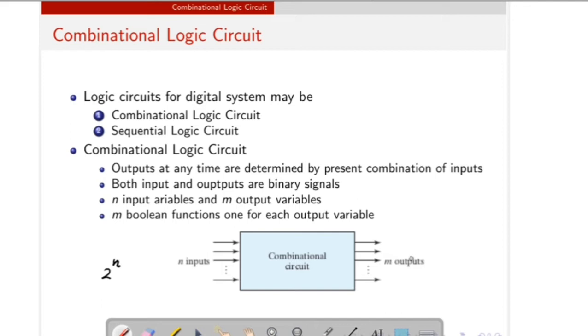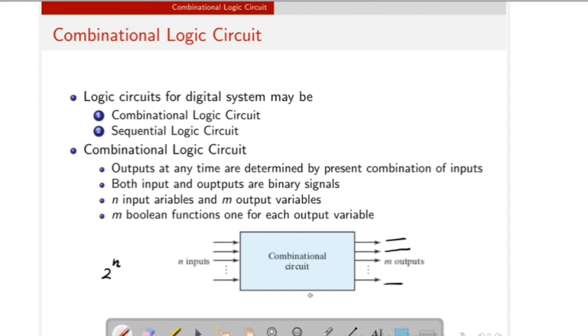Okay, so as the name implies, the combinational logic circuit produces outputs for different combinations of the input. So for each input combination, these m outputs may be either 0 or 1. So we have the Boolean function for each output variable.